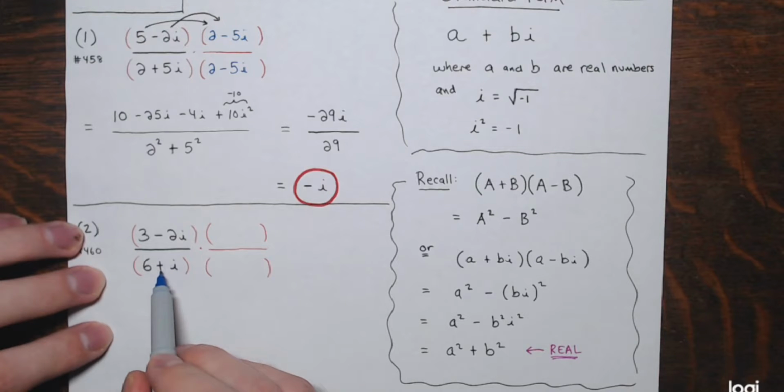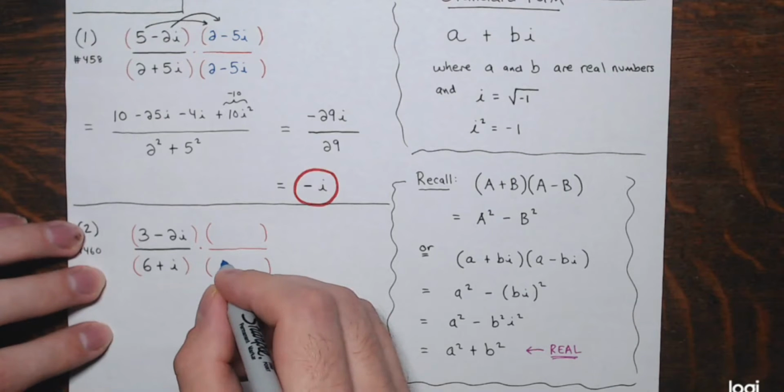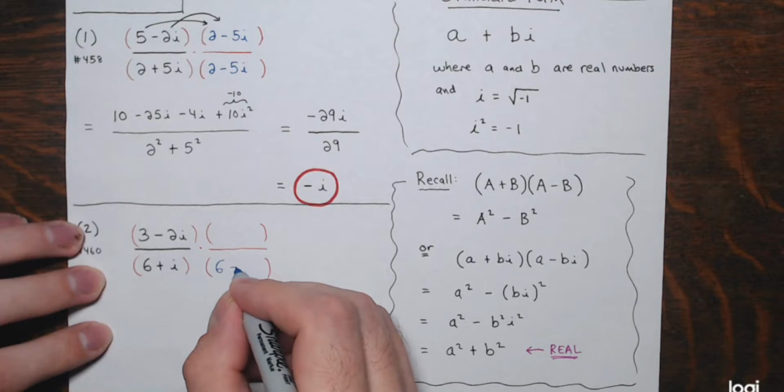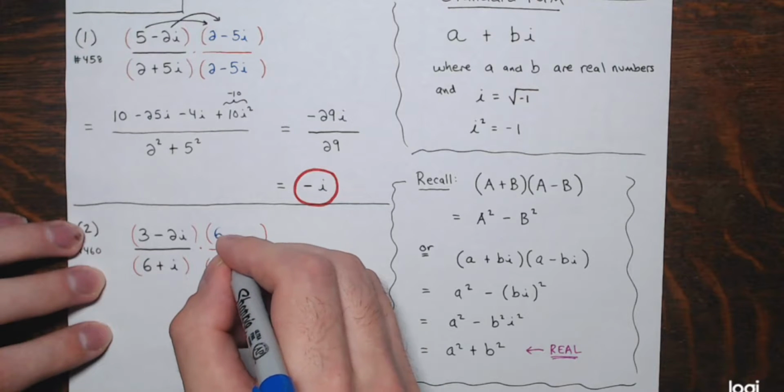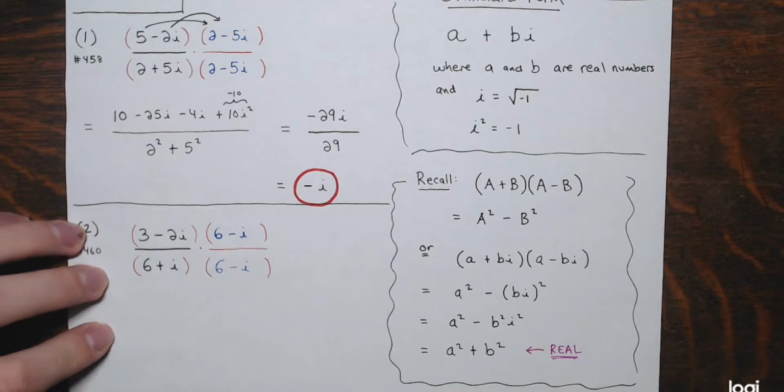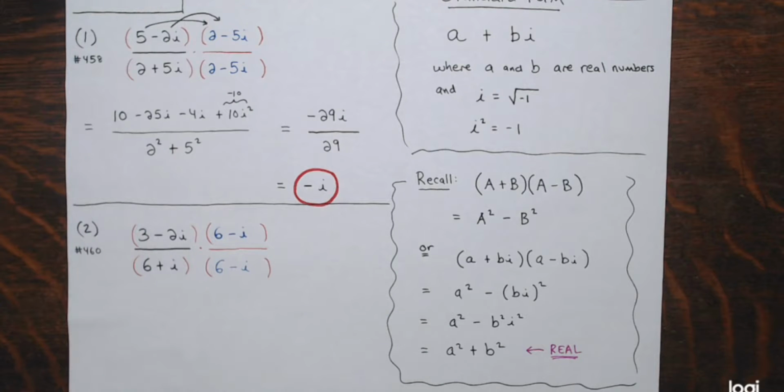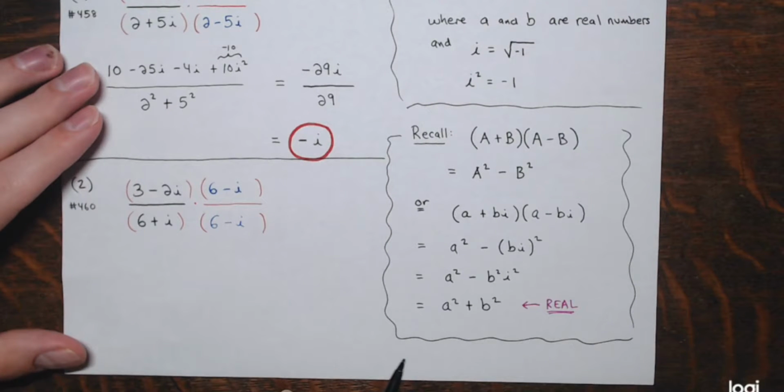6 plus i has a conjugate of 6 minus i. Right. And the same for the numerator, right? Multiply it by 6 minus i. You can't multiply the denominator by something and not the numerator. We want to keep the expression equivalent. Alright, wonderful.